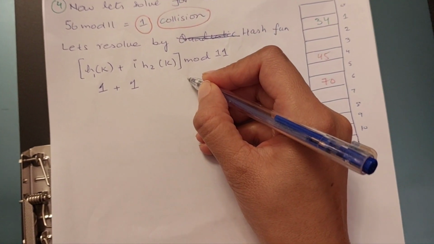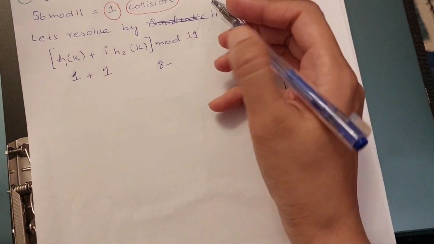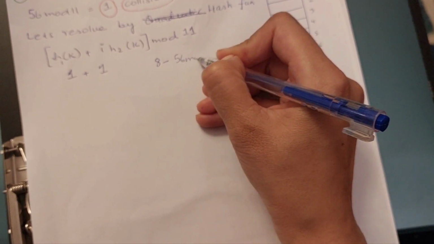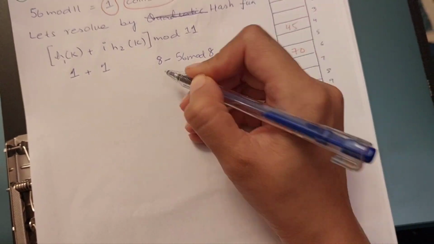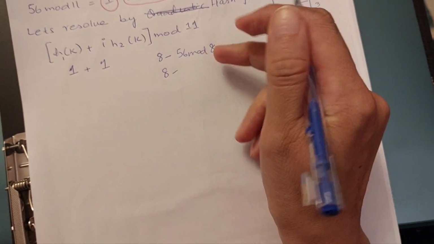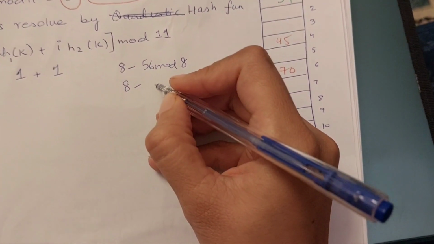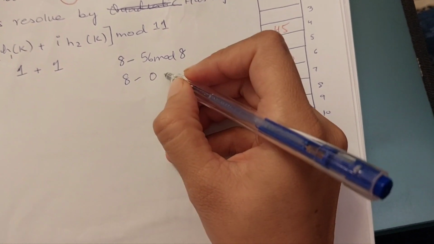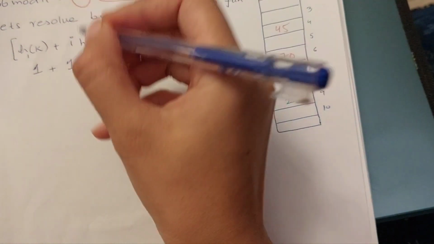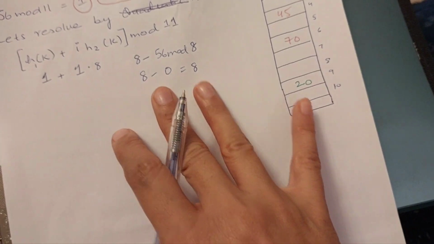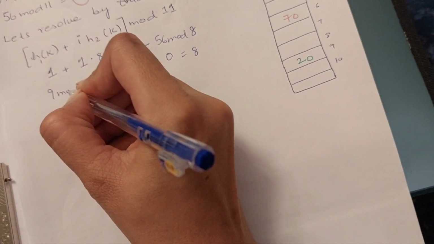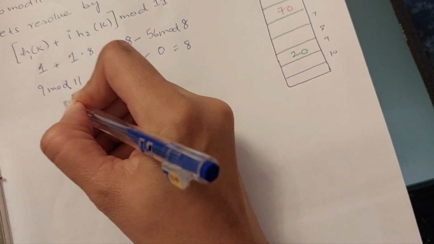It is 8 minus 56 mod 8. 8 times 7 is 56, so I'm going to get 0 here, and 8 minus 0 is 8. So I will put 8 here, and 1 plus 8 is 9. So 9 modulus 11 is 9.